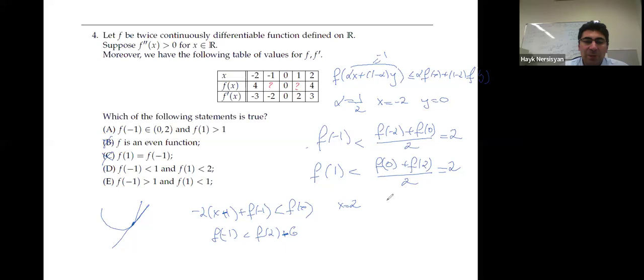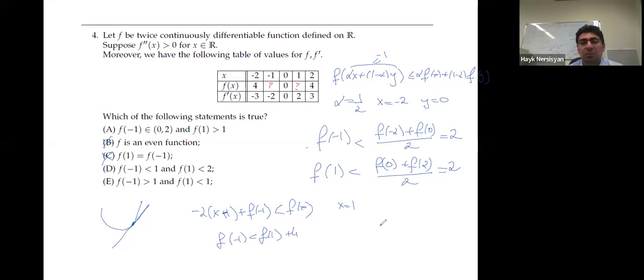And what am I missing? Maybe we should plug here x equals 1. The only thing that is missing here, 1. x equals 1 plugged here gives f(-1) is less than f(1) +4.